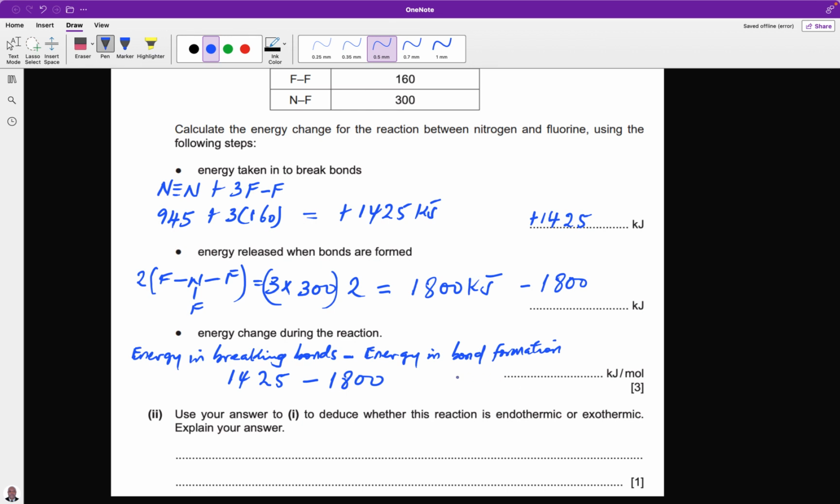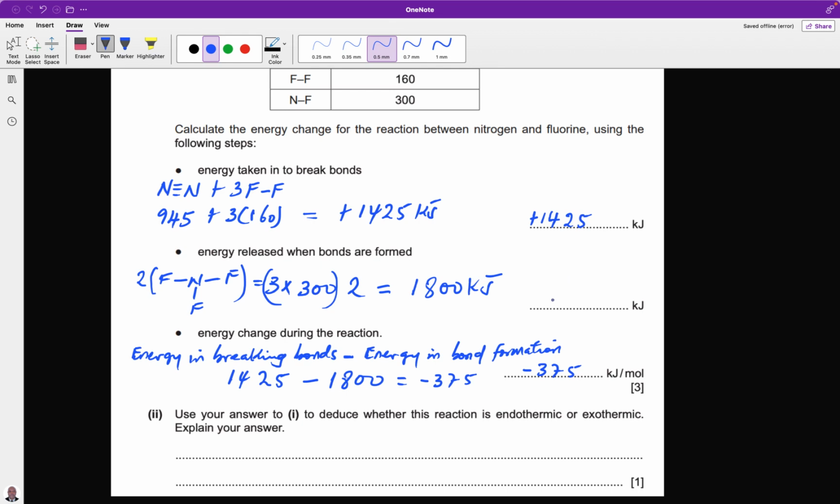So what will be our value? Our answer here will be what? Minus 375. That will be equals to minus 375. So the value here, as I earlier said, will be, you can do this here.